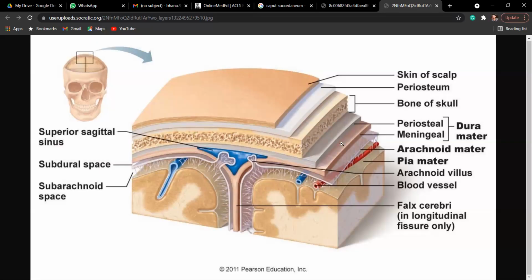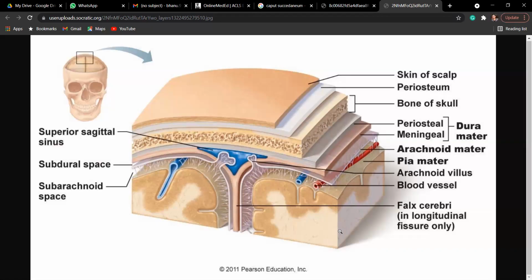The subdural hemorrhage is present between my dura mater and my arachnoid mater. Then comes my subarachnoid hemorrhage, which is present between my arachnoid mater and my pia mater. And finally you have the intraparenchymal hemorrhage, which is present within my brain. Is that clear up to here?